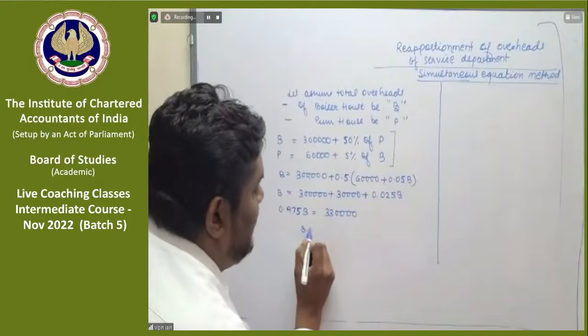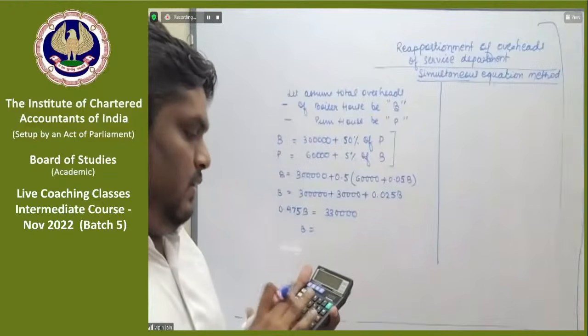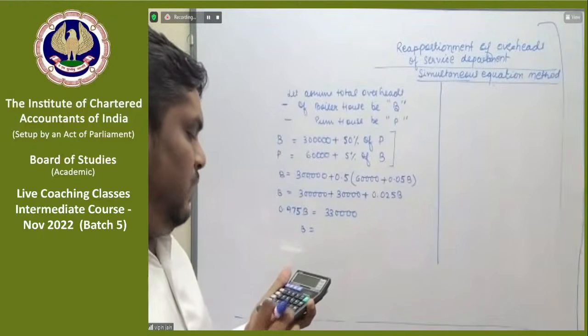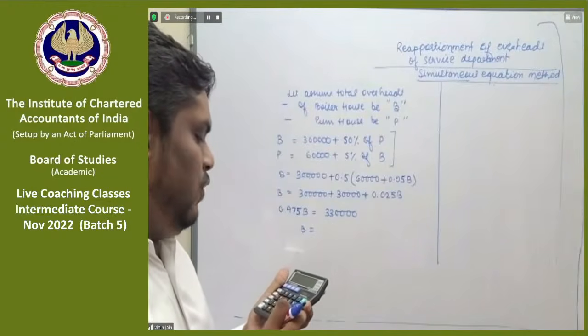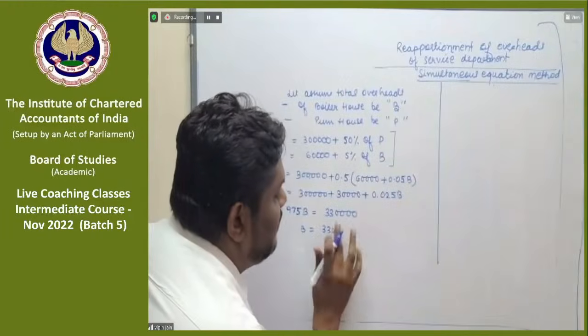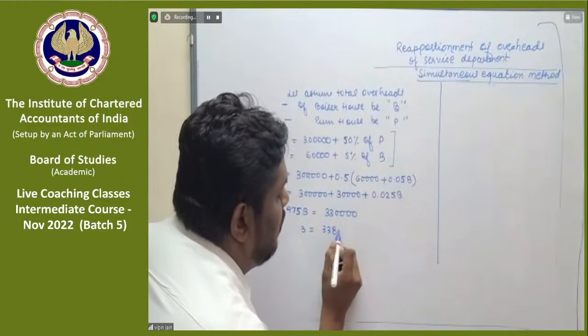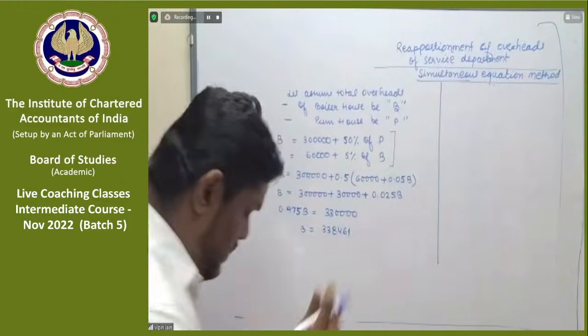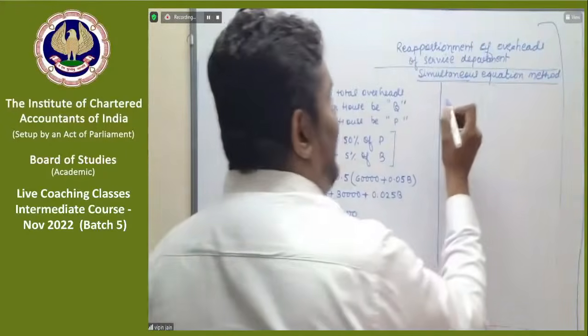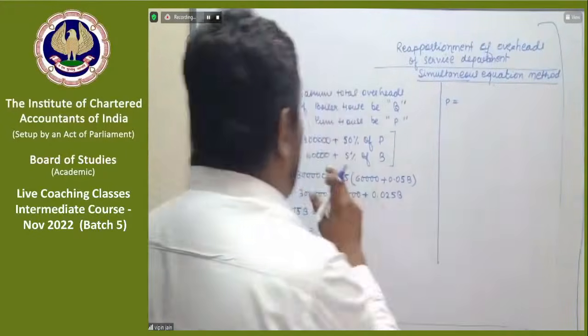So the value of B will be 3,30,000 divided by 0.975. So this will be 3,38,461. So we can easily calculate the value of P. So P will be equal to how much?